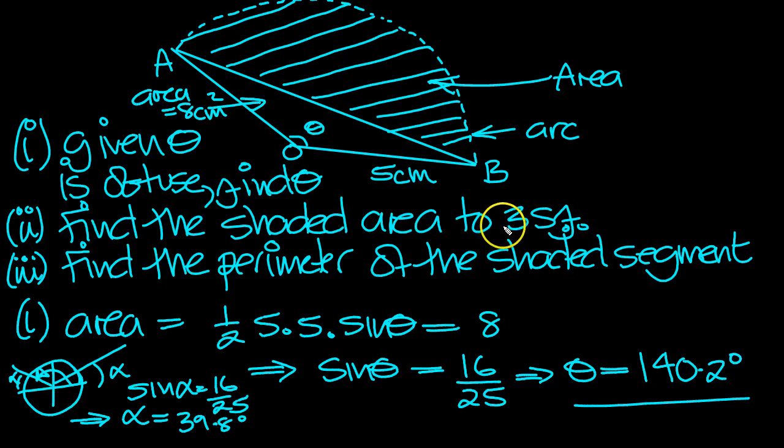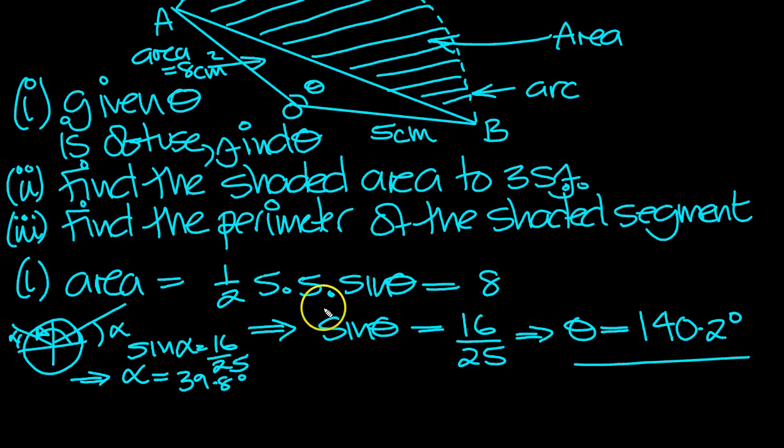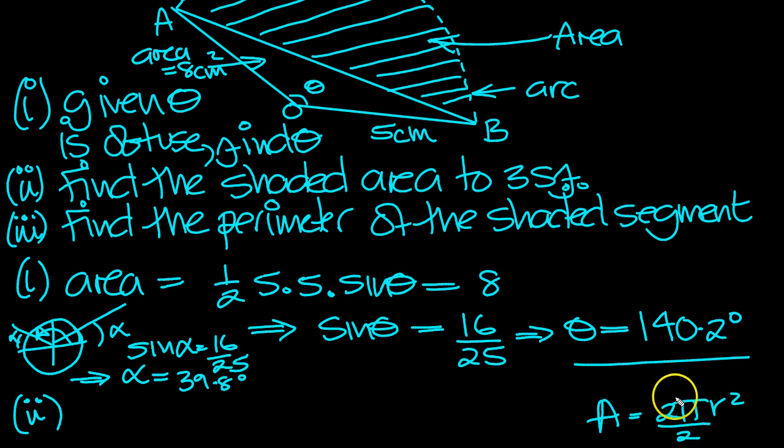Find the shaded area to 3 significant figures. The shaded area is a segment of a circle, isn't it? So part 2. Now the formula for the segment of a circle: the area of a whole circle is pi r squared. But if you want to write that as a fraction of 2 pi, you'd have to put a 2 there and a 2 there, wouldn't you? So this gives us the area of a whole circle in terms of the radians of a full circle.